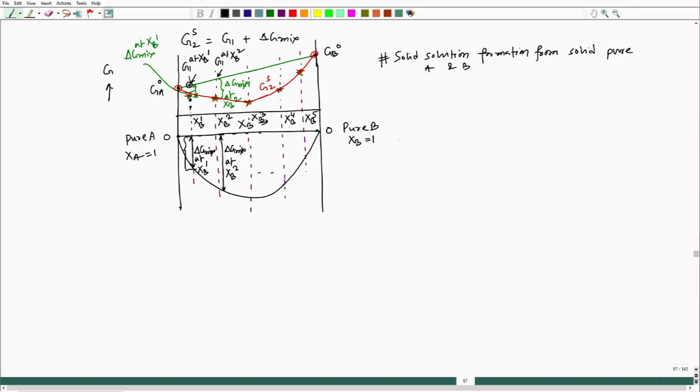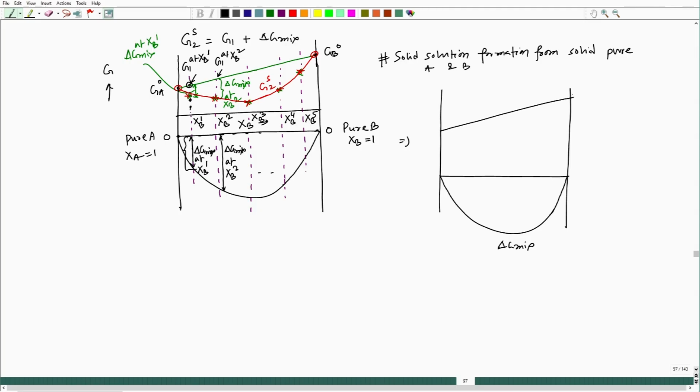If I try to see how the final plot would look schematically, this is my delta G mix, this is G A naught, this is G B naught, and since both are considered as solid, I can take solid here, and solid here. After that I have drawn this red curve like this. So, this is G2 solid.